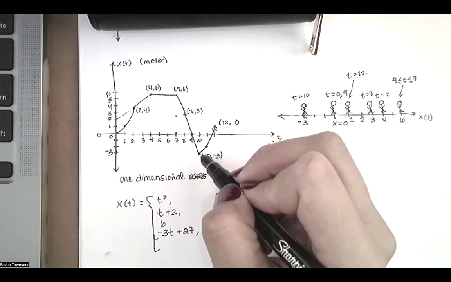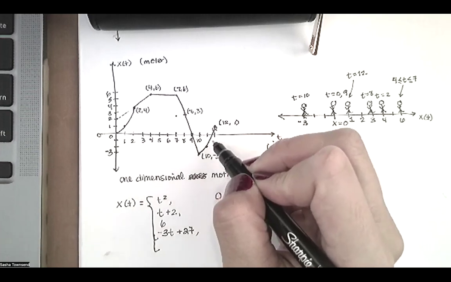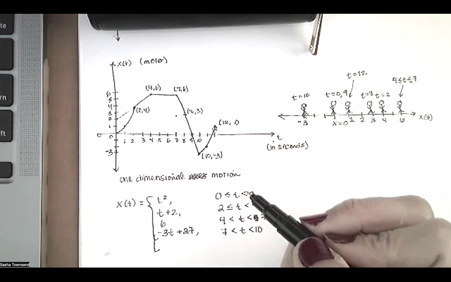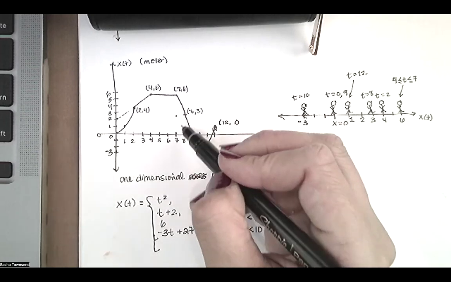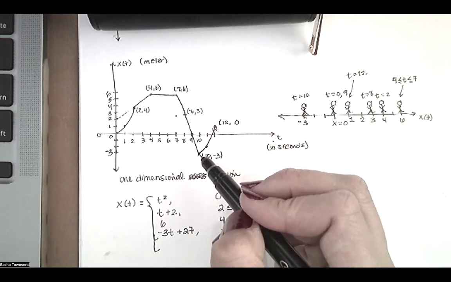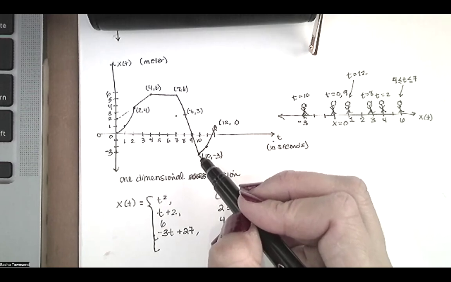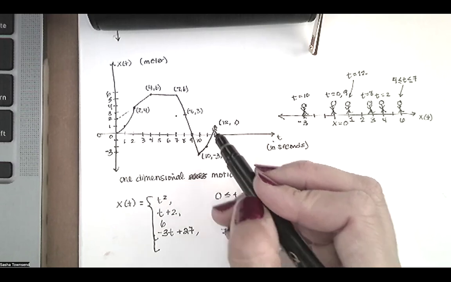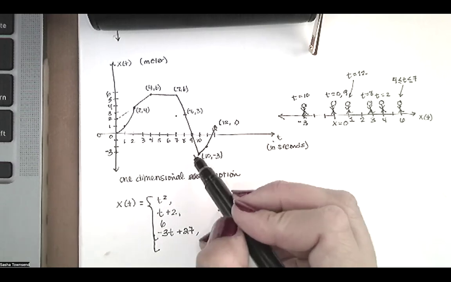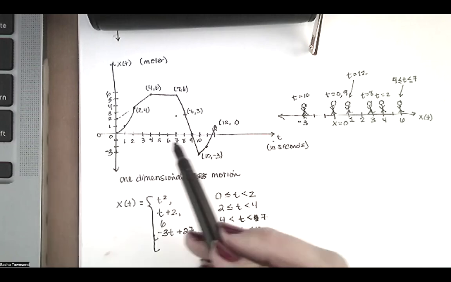And then on the interval from 10 to 12, we get another piece of a parabola, but it's been shifted a little bit. The vertex, that lowest point on the parabola, still occurs at the point that we're starting at. We started here and then we go up 1 and over 1 and then up 3 and over 1. So it looks like t squared, but we've changed the vertex.